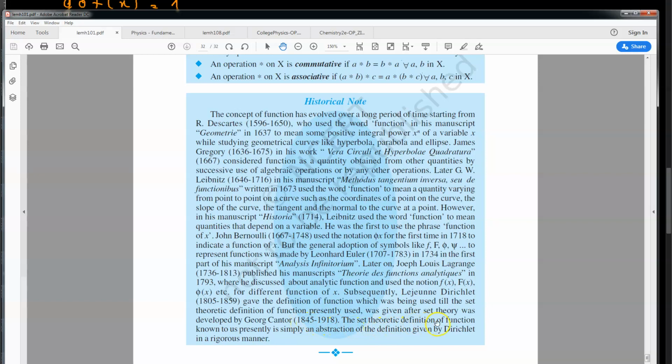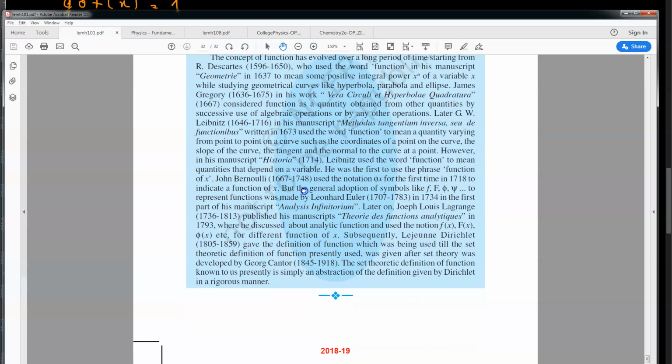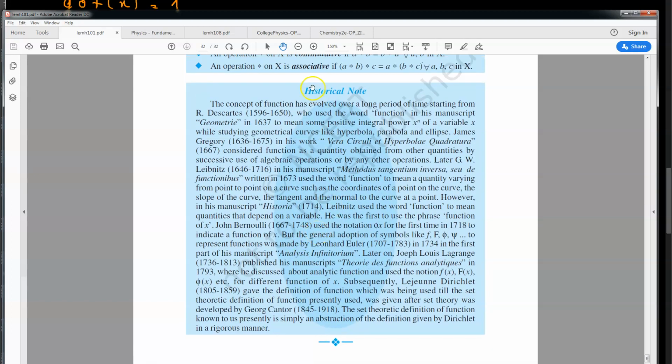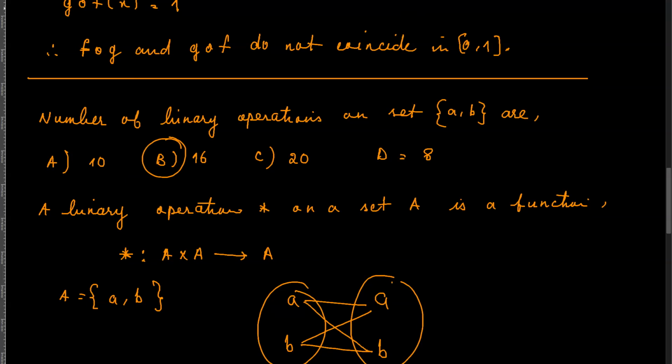The set theoretic definition of function known to us presently is simply an abstraction of the definition given by this mathematician, in a rigorous manner. So that brings us to the end of this chapter.